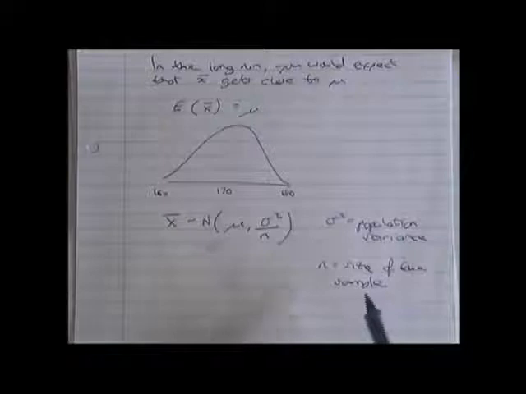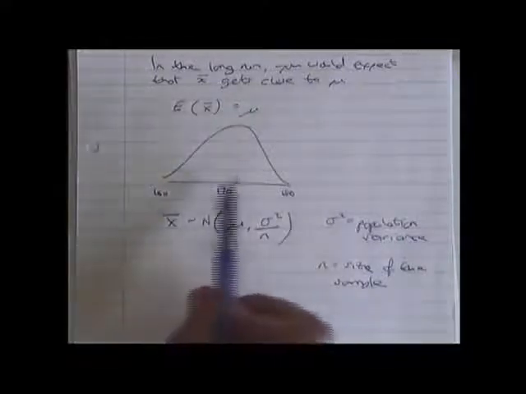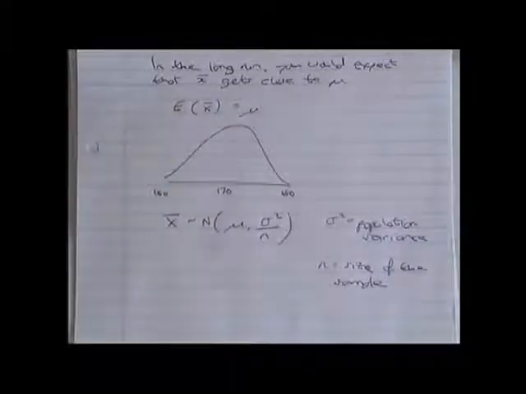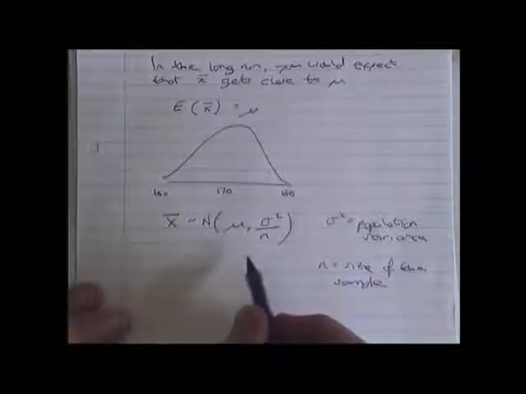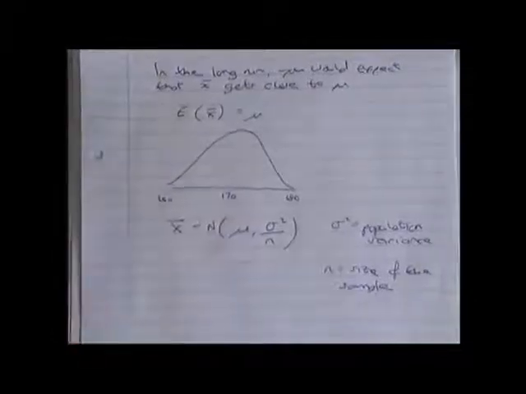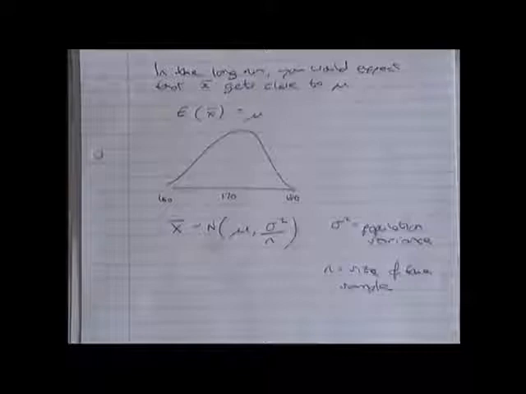So as the sample size increases, the spread of these x bars, these sample means, decreases. And if you think about it, that makes sense. This thing here is fundamental to everything else we do in S2.